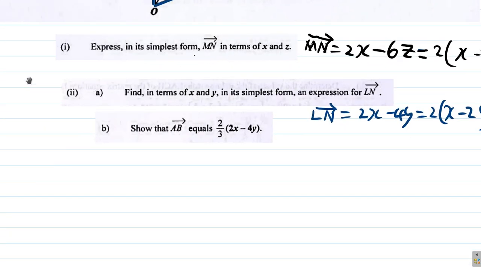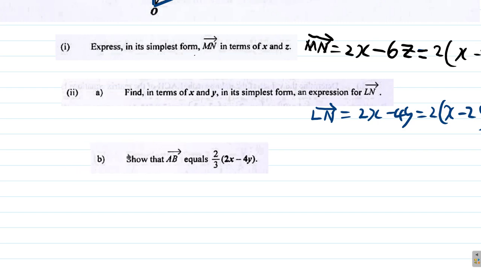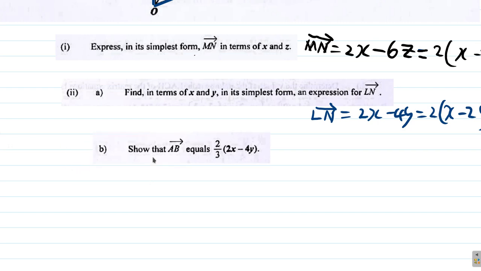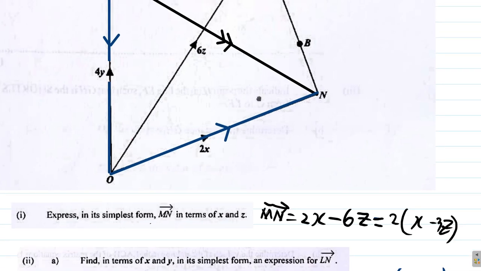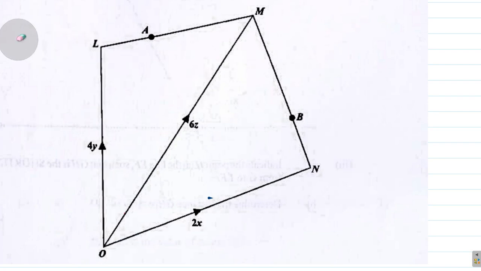Put it down here. Alright. We're going to show that AB, from A to B. Okay. Let's erase what we did before. And we're going from A to B. AB.